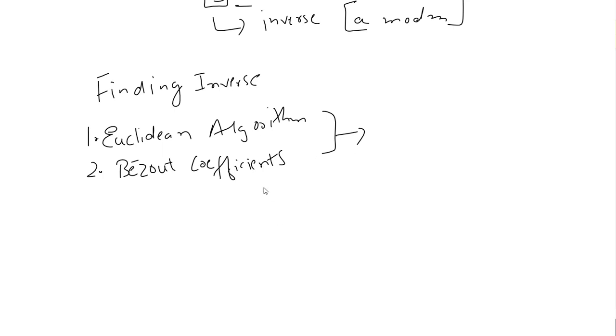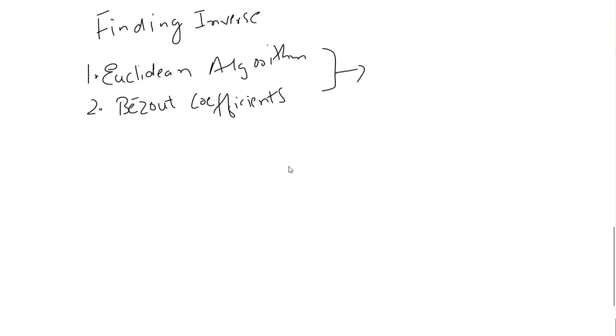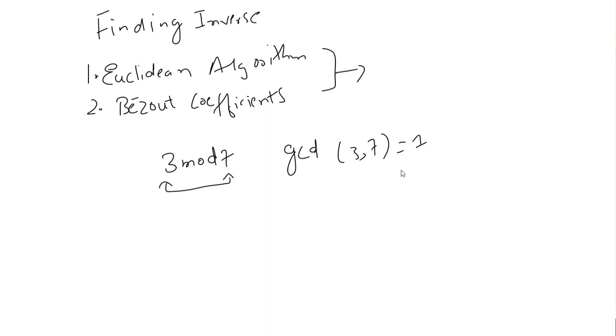Now we'll understand that with an example. Let's try to find the inverse of 3 mod 7. Since the greatest common divisor, GCD of 3 and 7, is 1, that means they are relatively prime.